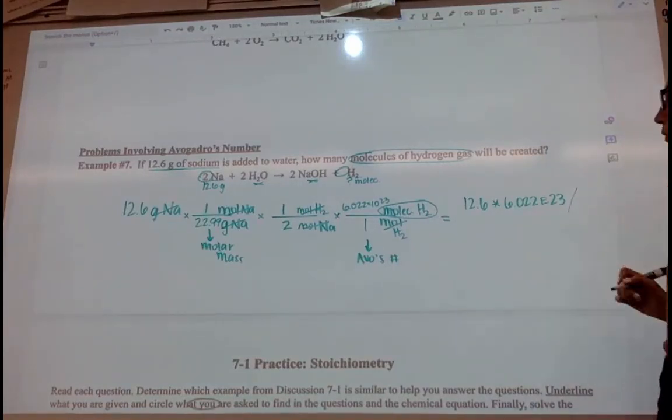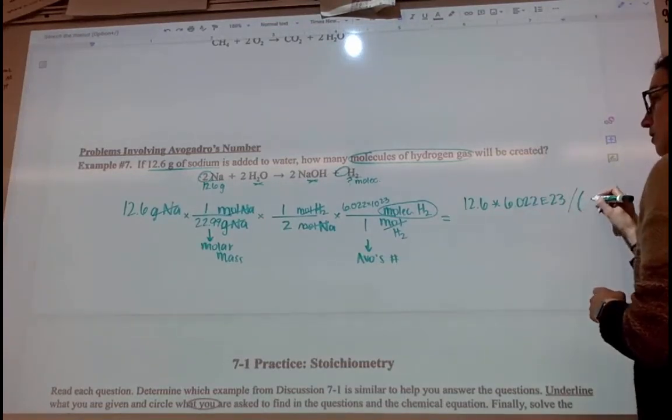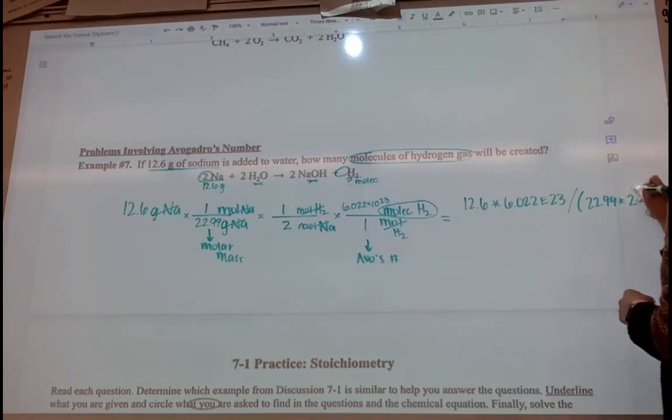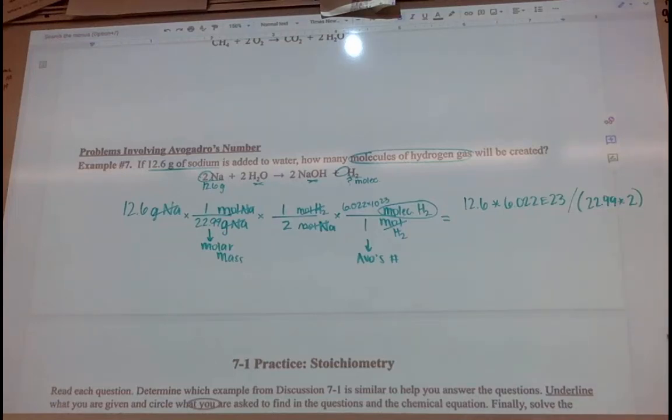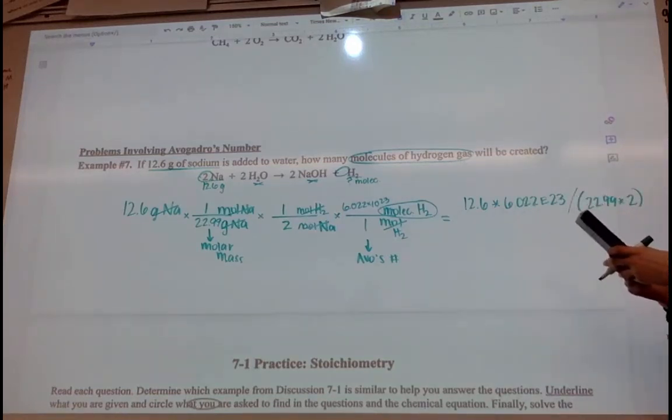And then if you want to do this all at once, you need to make sure to put what's on the bottom in parentheses. So 22.99 times 2. So 12.6 times 6.022 E23 divided by the quantity 22.99 times 2.